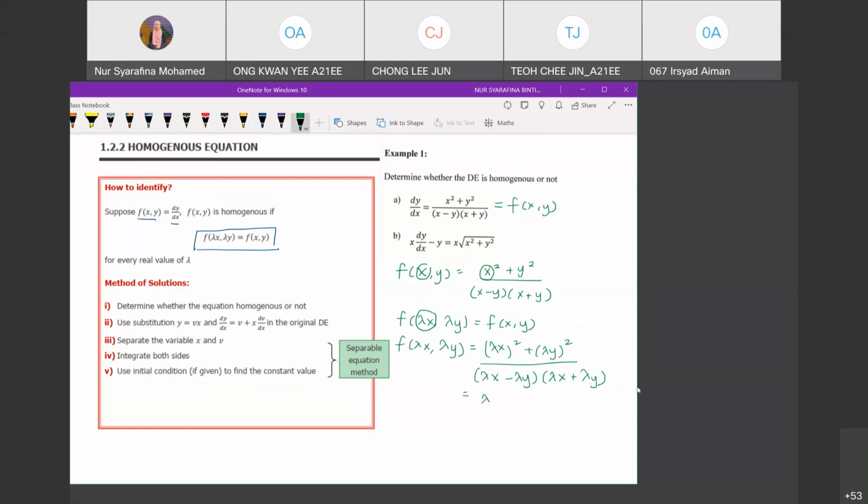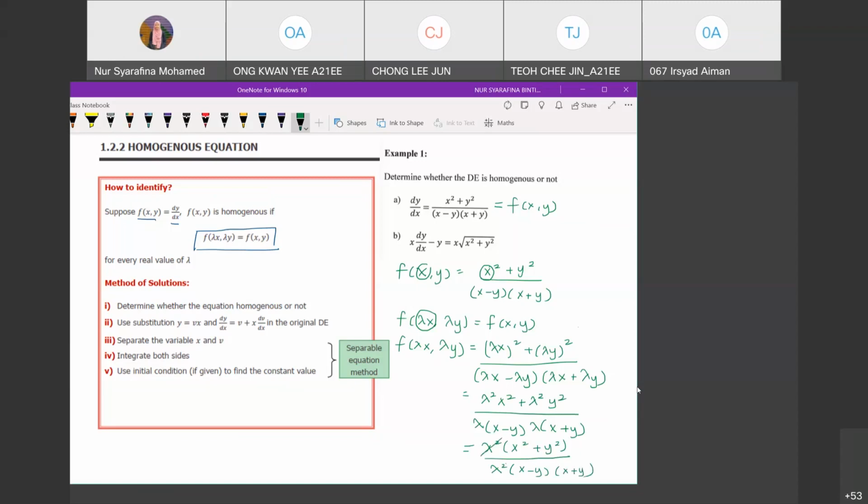So this one is λ squared x squared. We can factorize this, so we have λ squared factorized. λ times λ is λ squared, times (x plus y).